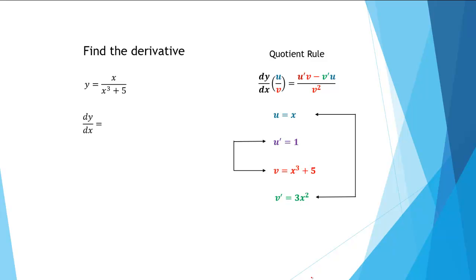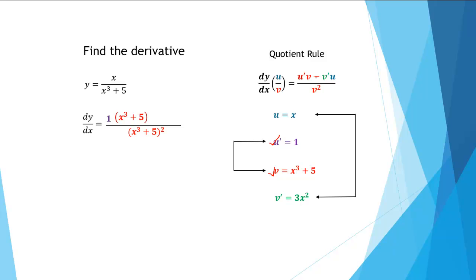So we have the derivative as, the first thing we'll do is we'll write out v squared. So we have v as x cubed plus 5. We'll simply encapsulate that in a set of parentheses and square it. In the numerator, we'll substitute u prime for 1 times v, which is x cubed plus 5.